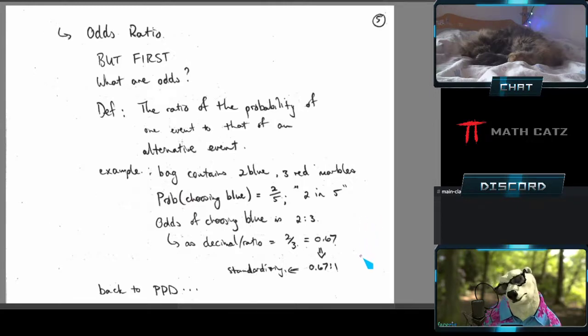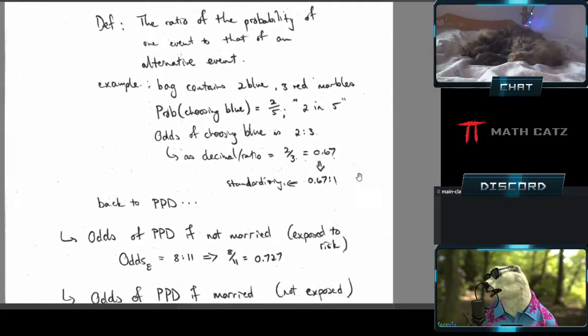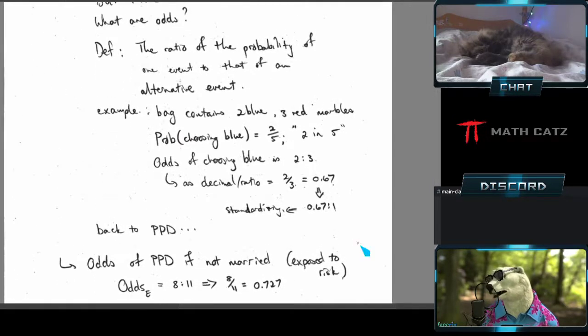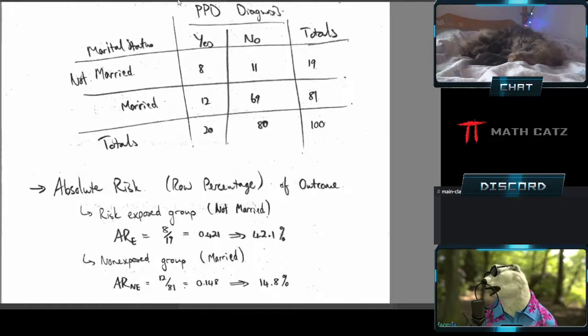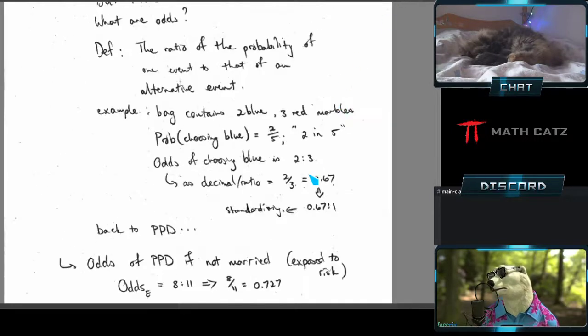Okay. So now let's go to our postpartum depression example. The odds of having postpartum depression if not married, remember the table, 8 versus 11. On this slide, 8 to 11.